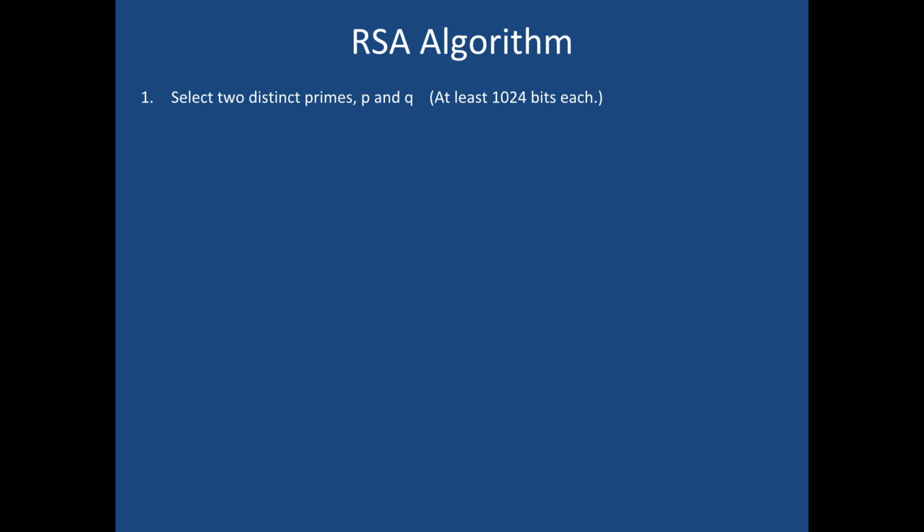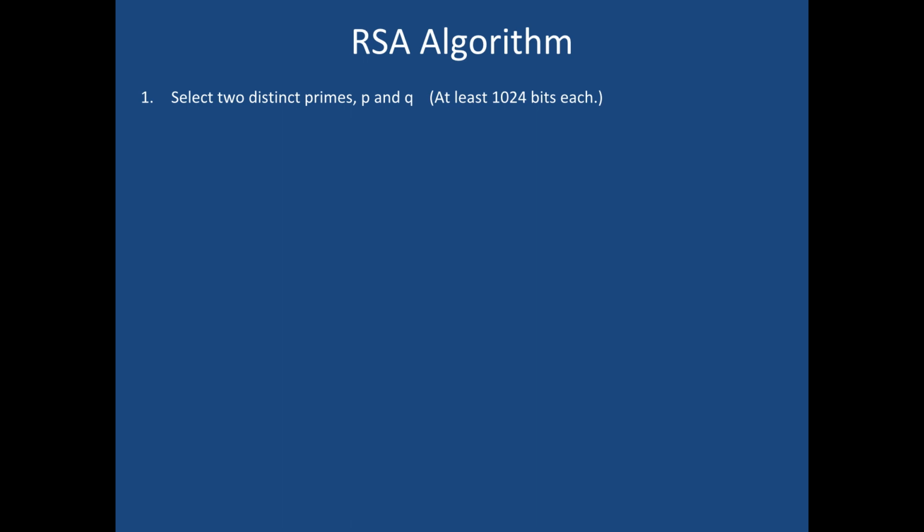So here's how RSA works. First thing is we select two distinct prime numbers, P and Q. Right? And we saw how to do that. Typically, we're talking about 1024-bit primes or longer. 10 years ago, I would have said 512 bits or longer, but state of the art in factoring has improved enough that it's no longer recommended to use primes that small.